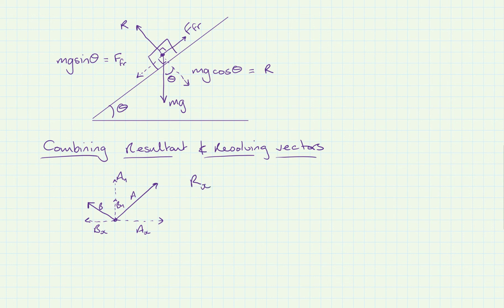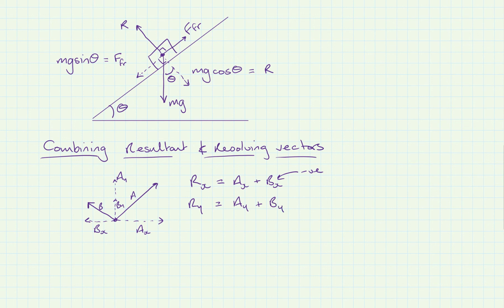So then to find, if I call R my resultant vector again, Rx, so the part of my resultant vector in the x direction would be AX plus BX, but in this case actually that's going to be negative, so it's going to be AX minus BX, and then RY would be AY plus BY.